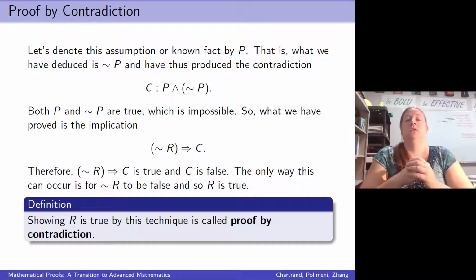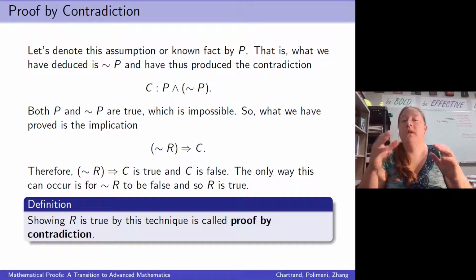All right. So once we've worked through with the assumption that R was false, say we have something that we know is true, P. It might be a theorem, it might be some axiom, but we know it's true. It's a fact, all right?